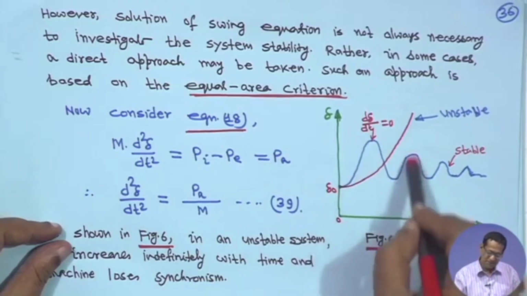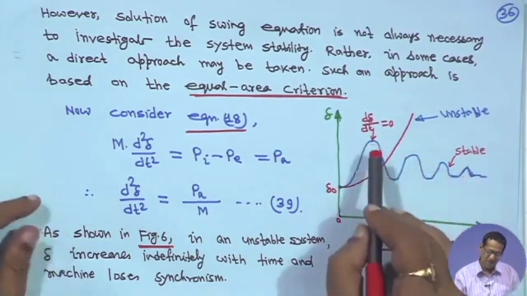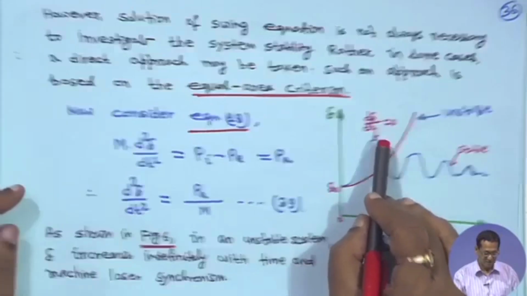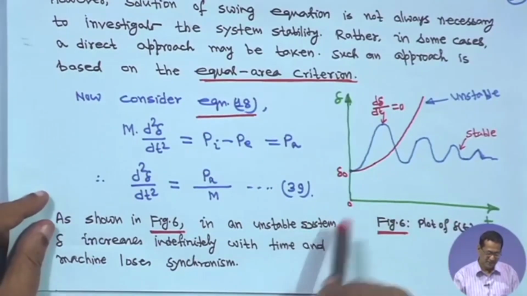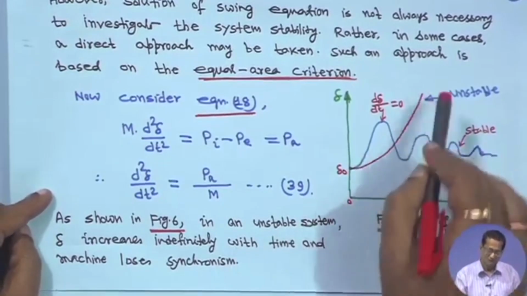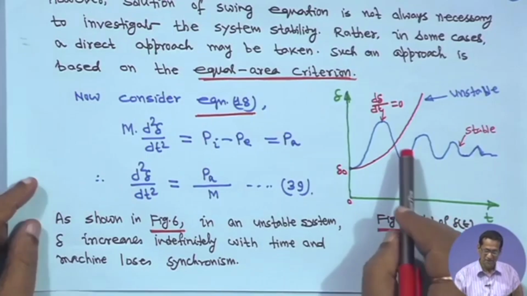As shown in figure 6, in an unstable system delta increases indefinitely with time and the machine loses synchronism.